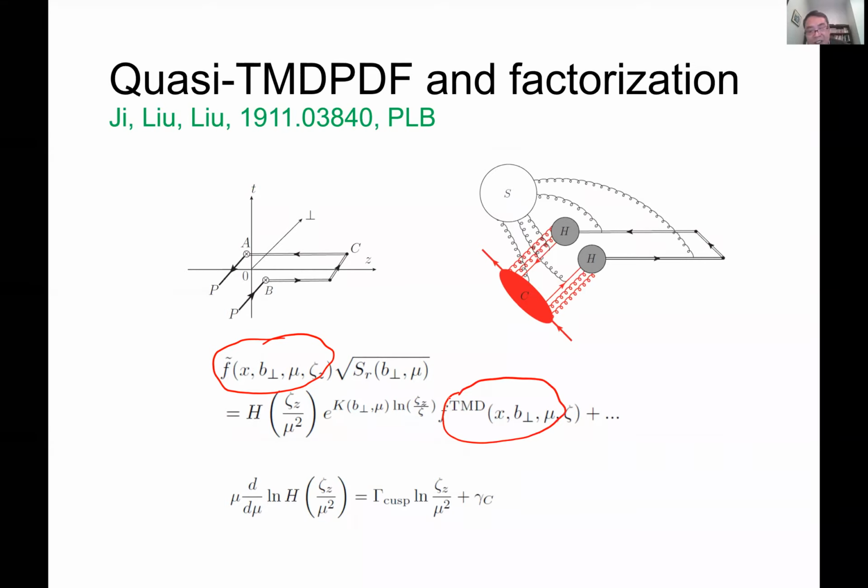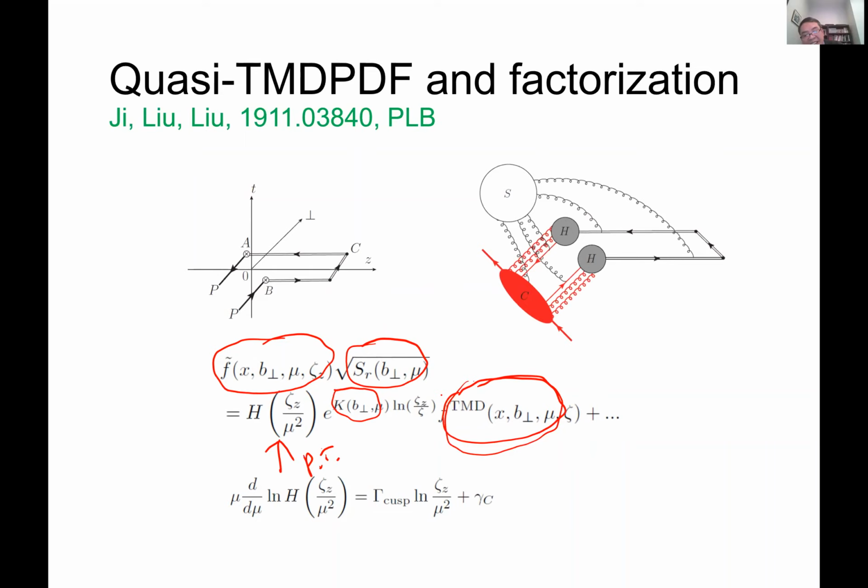This is defined in the particular MS-bar dimensional regularization minimal subtraction scheme. The soft function can also be calculated on the lattice, and the evolution kernel K can also be calculated on the lattice. So these are three important ingredients in this formula that you can calculate on the lattice. This can be calculated in perturbation theory, and this is what we want to compare with the experimental data.